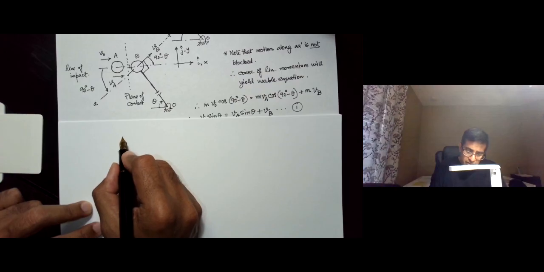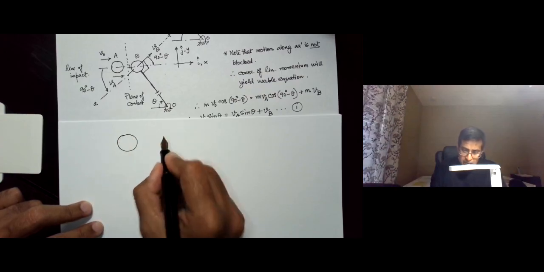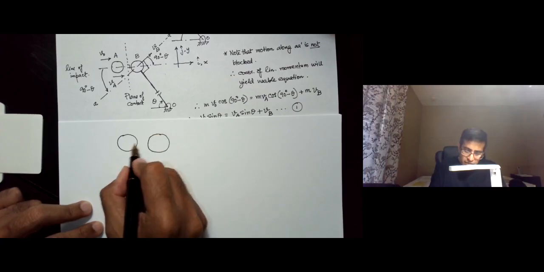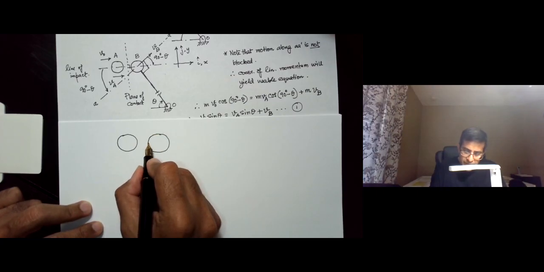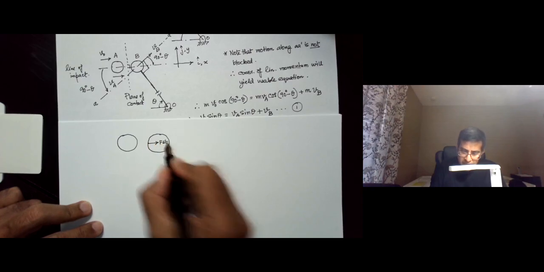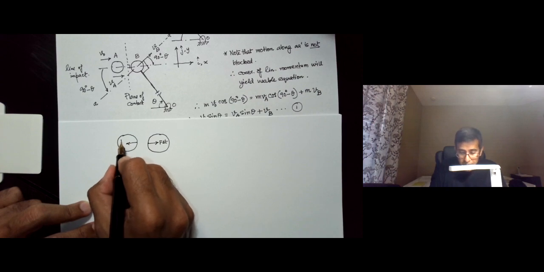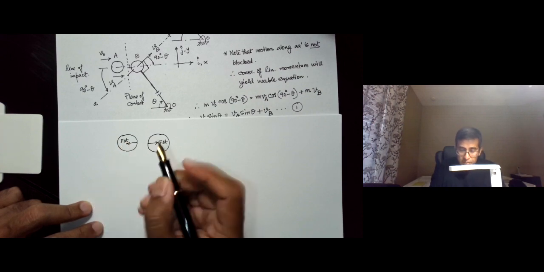So if we draw the two particles at the instant of collision, A is going to impart an impulse F delta t, and B is going to then impart F delta t in the opposite direction.